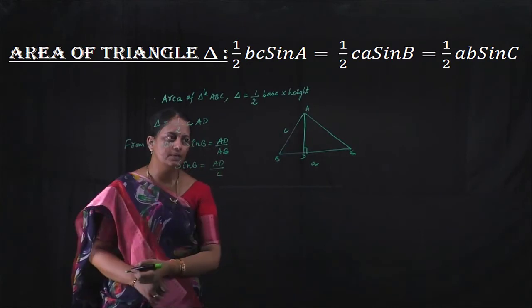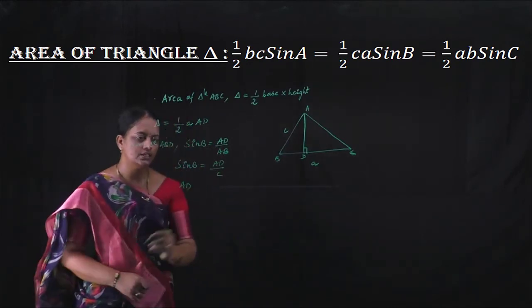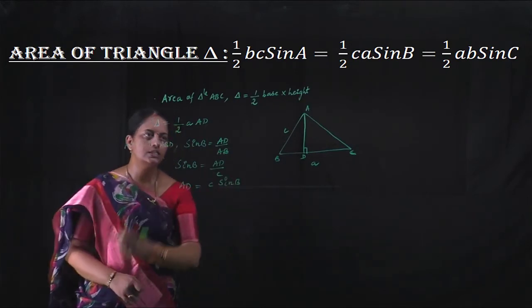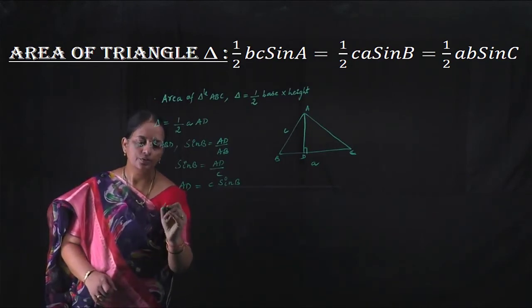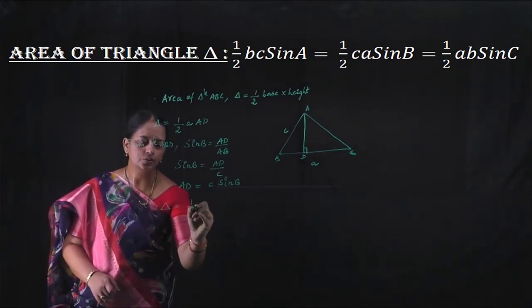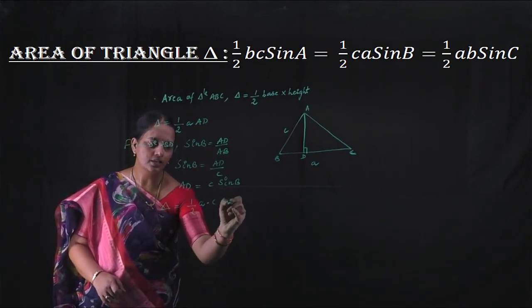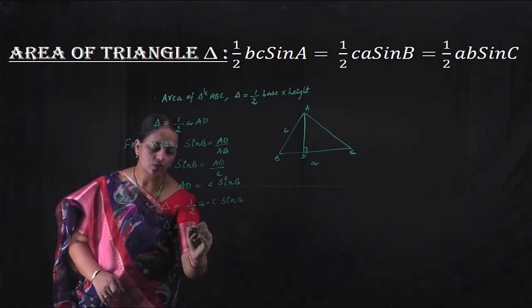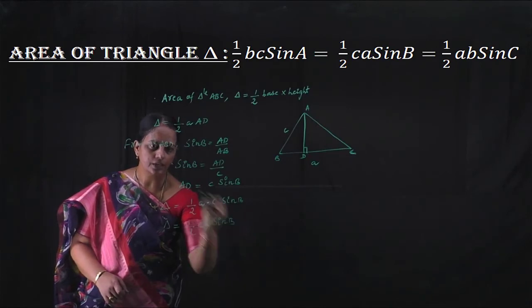From this we can write AD is equal to c sin B. Substitute in delta. Therefore, delta is equal to half a into AD, that is c sin B. Finally, the area of triangle delta is equal to half ca sin B.